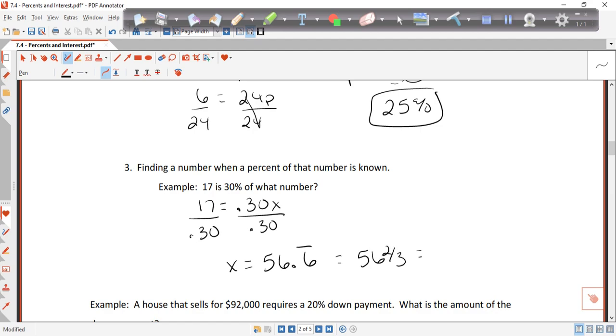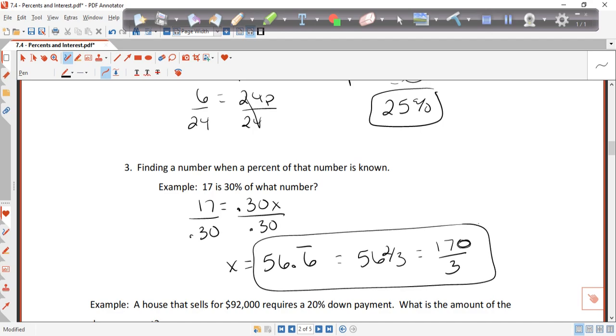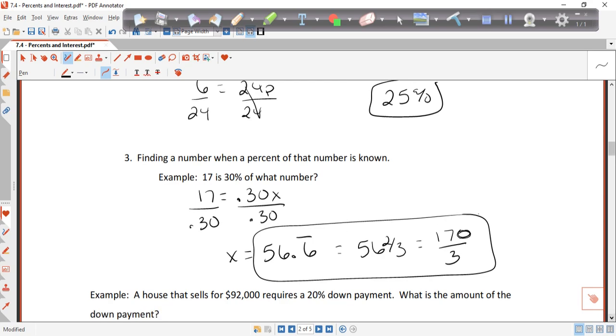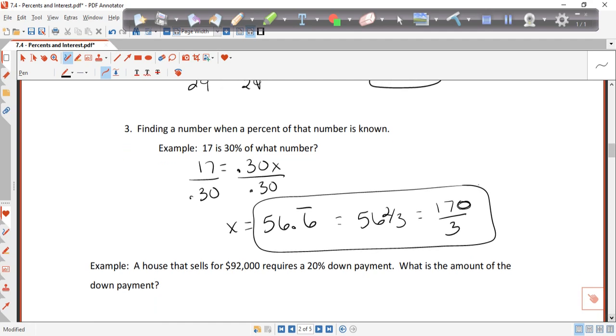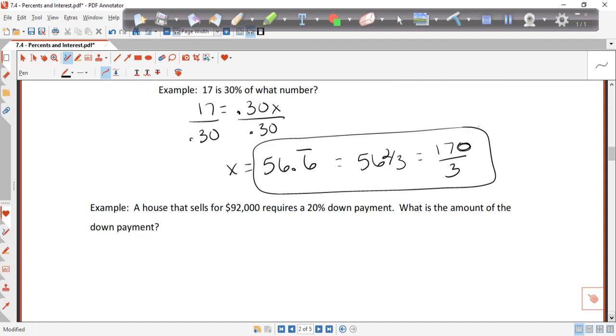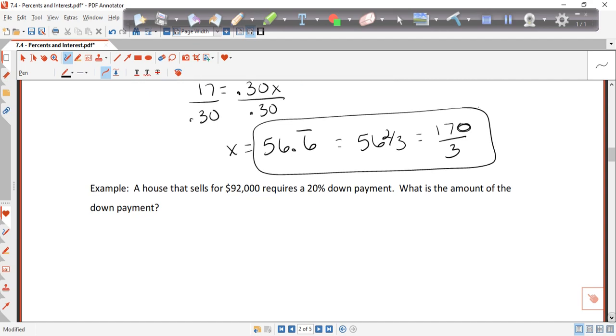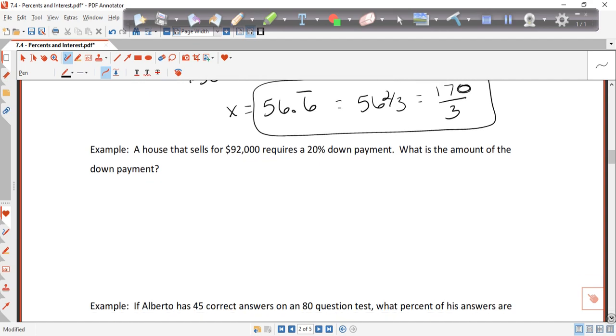Or we could change it to an improper fraction, 170/3. So this is 3 different ways to put the answer, so you need to make sure you look for what MyMathLab wants you to have the answer in terms of. On these problems, you don't always have to set up an equation. Sometimes you could just multiply or divide numbers and figure it out, and that's perfectly fine.